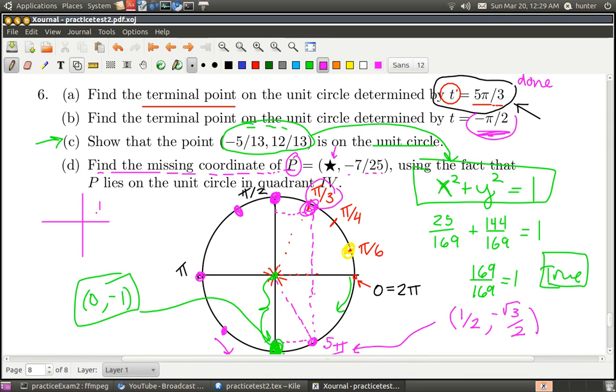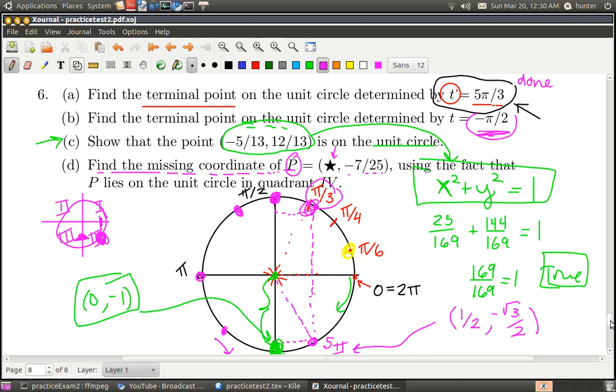What does that mean? The quadrants are labeled like this: 1, 2, 3, 4. They go counterclockwise. So it's going to be down here. What we're doing is looking at this y-coordinate, -7 over 25, and trying to find the x-coordinate that maps to a point on the unit circle.